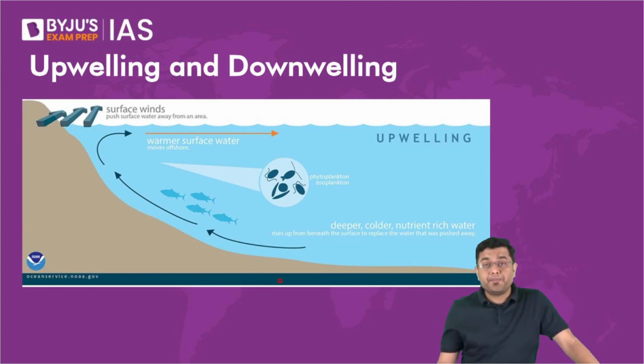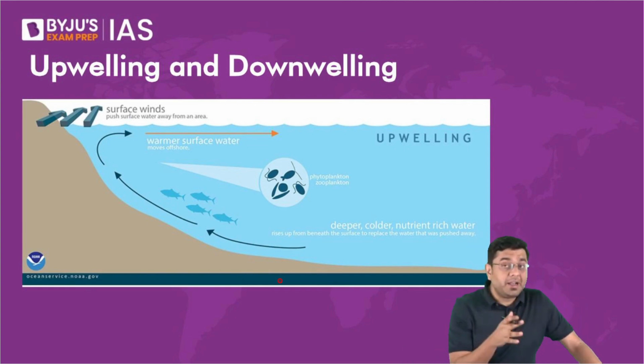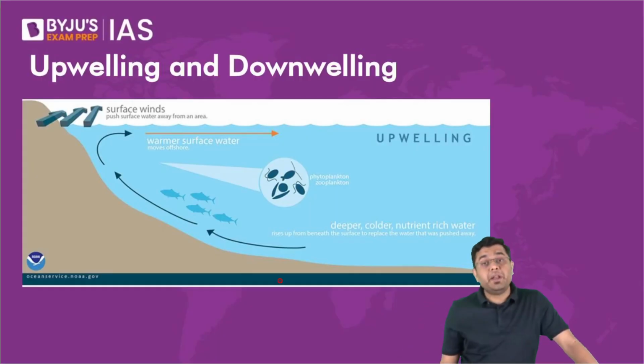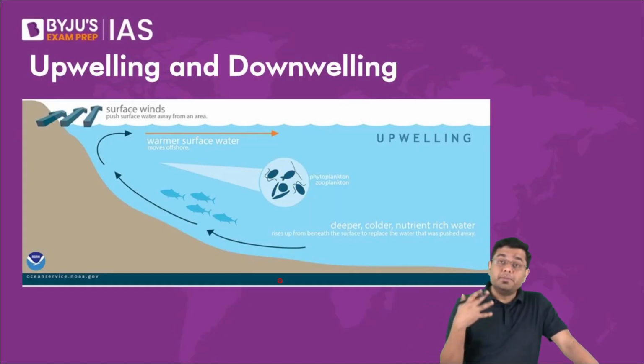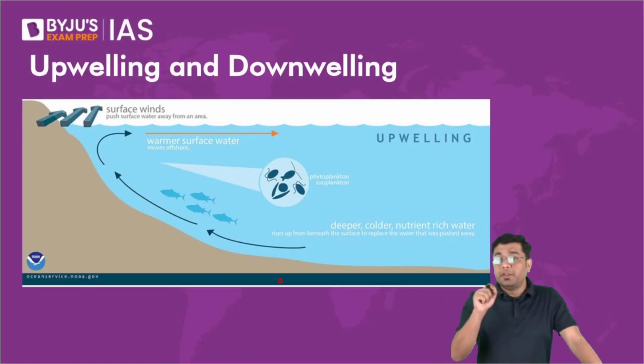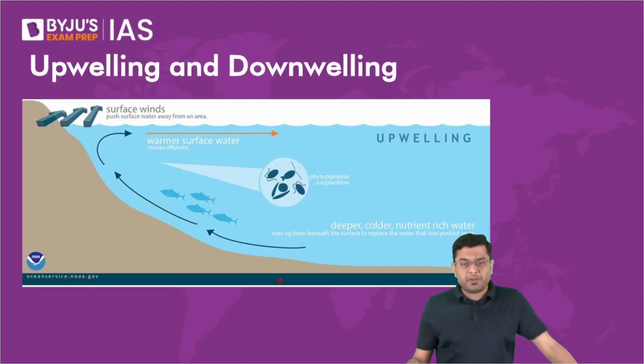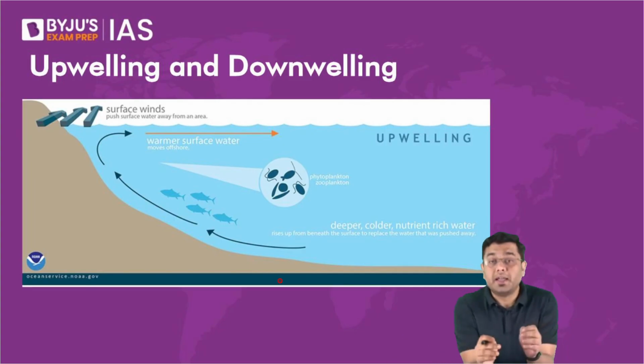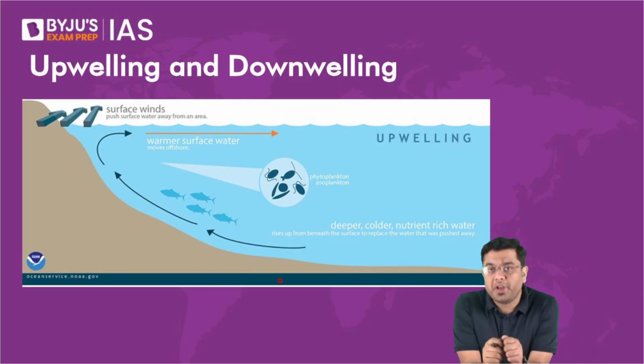Now upwelling, in the majority of cases, is very beneficial. When it comes to marine biodiversity, upwelling is significantly beneficial. Why? Because I hope we are aware of the basic fact that seawater consists of many nutrients, many different dissolved salts.